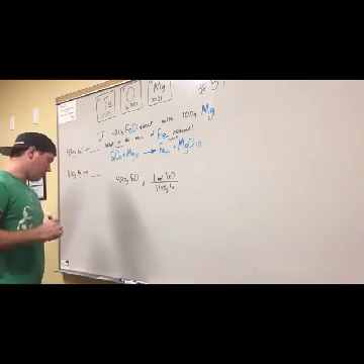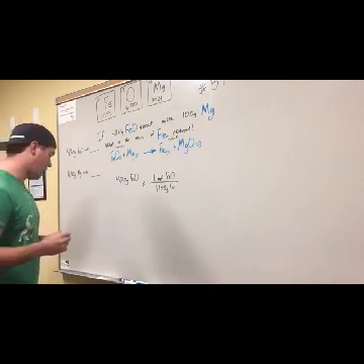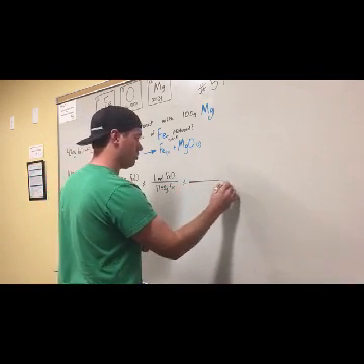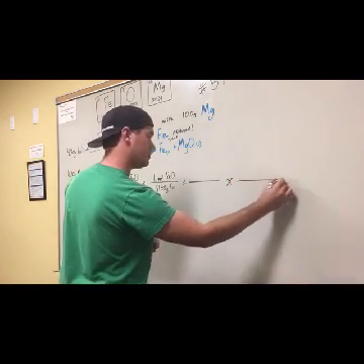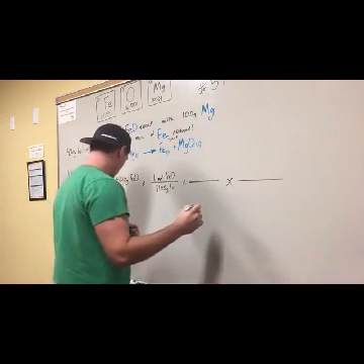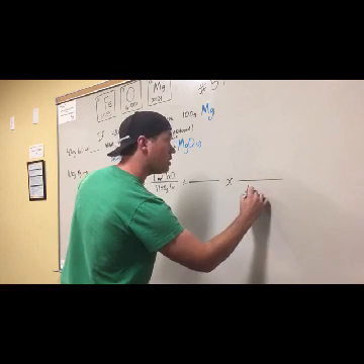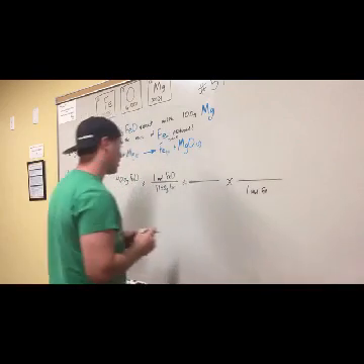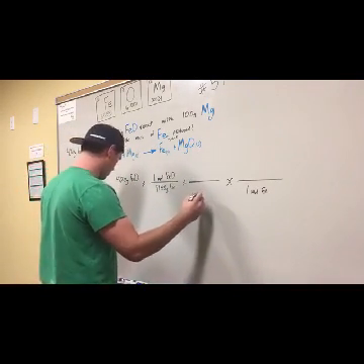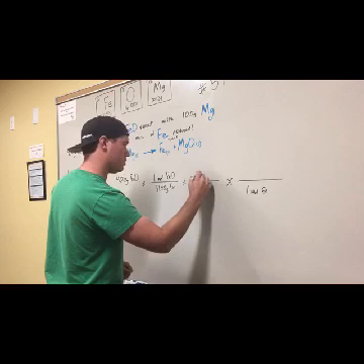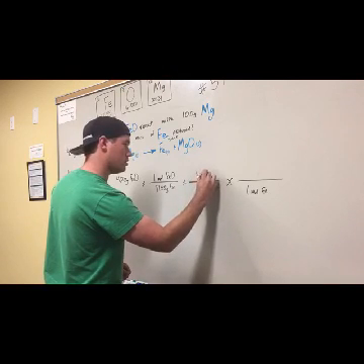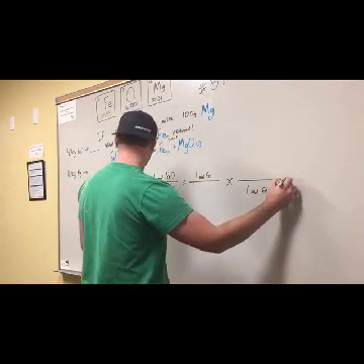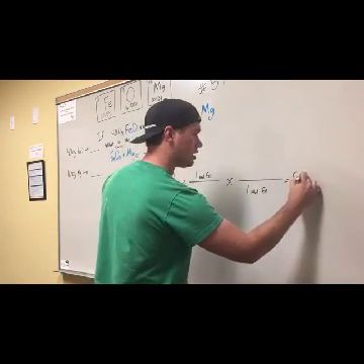Okay, and from there we're trying to figure out how much iron we have. So what we'll end up having is something over 1 mole of iron, and then we're going to have 1 mole of iron here, and then that equals how much Fe.